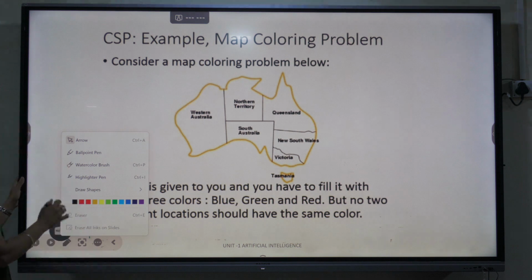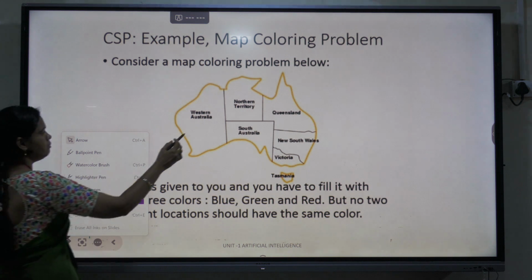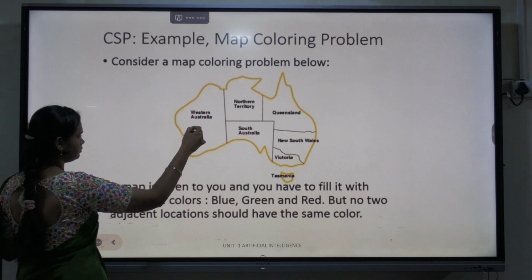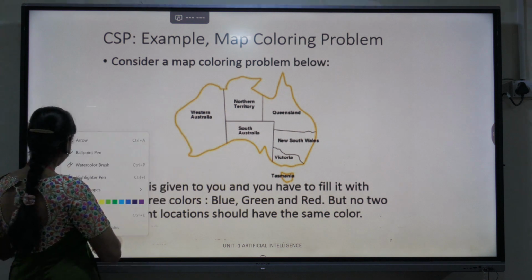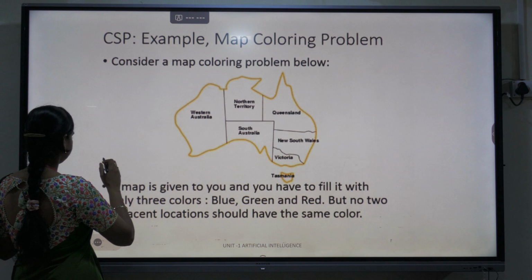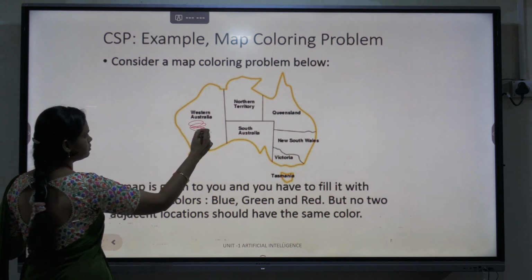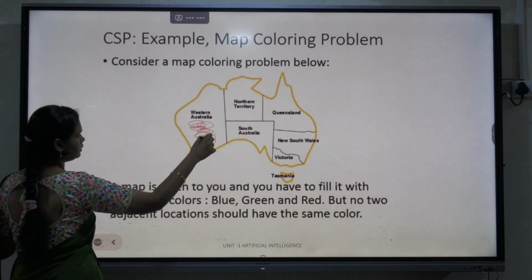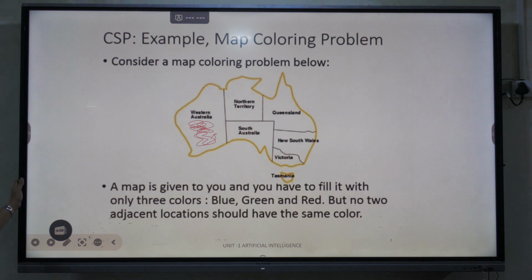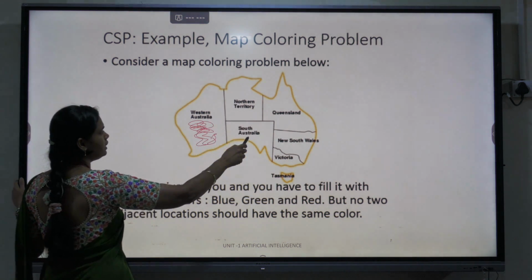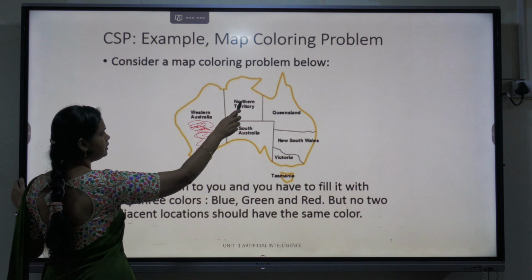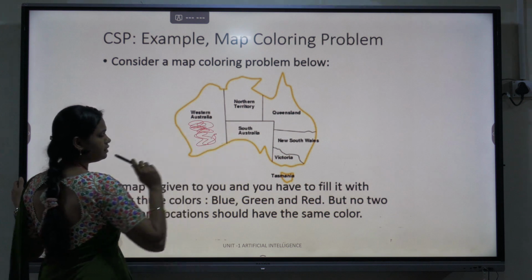Anything is possible. Suppose I fill it with red. So if it is filled with red, the adjacent region should not have the same color. So I can't fill red and red here.